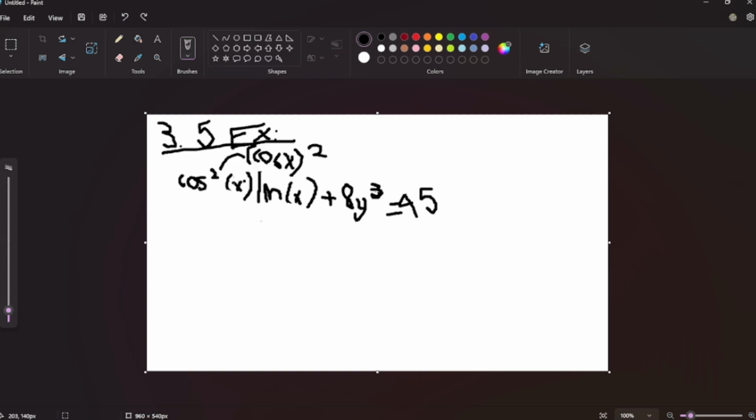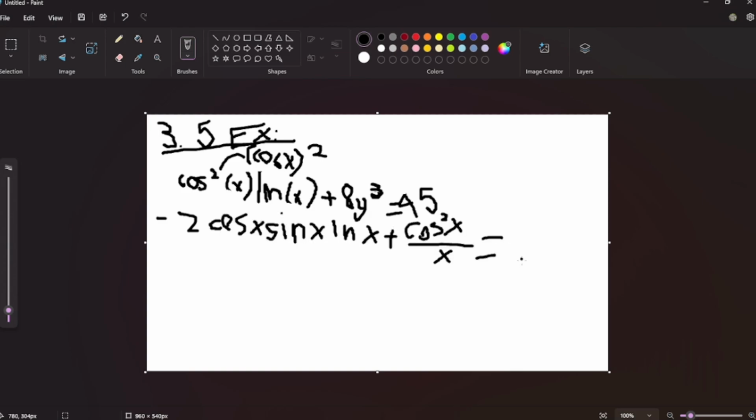Okay, so this is going to derive out into, essentially how we got this was through the table. We derive the square, so 2 is going to go in the front. Cosine of x is going to be in the middle.